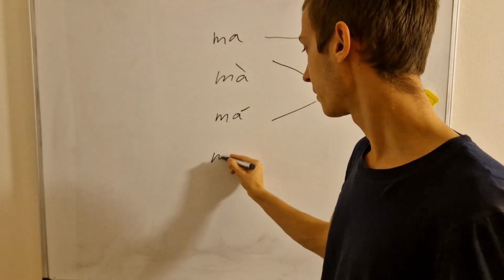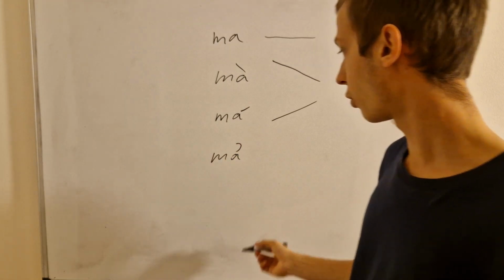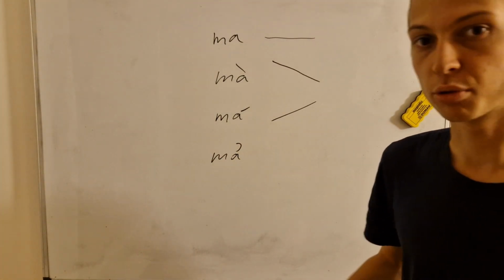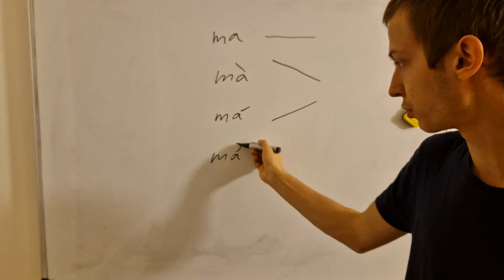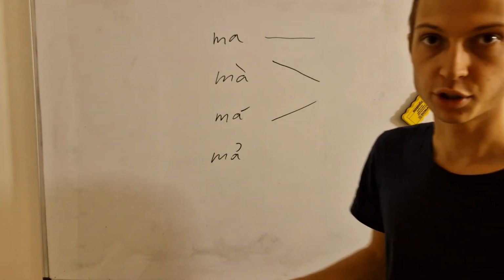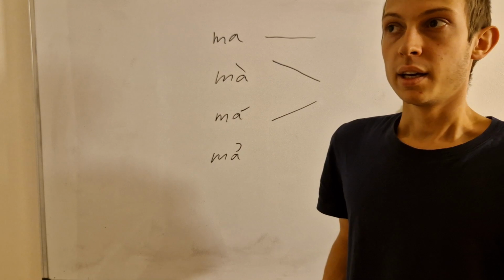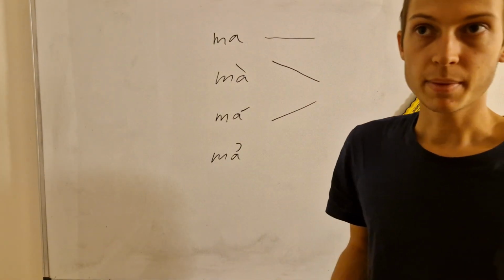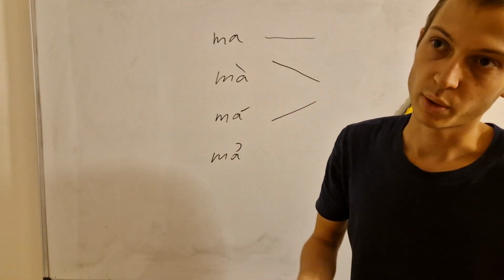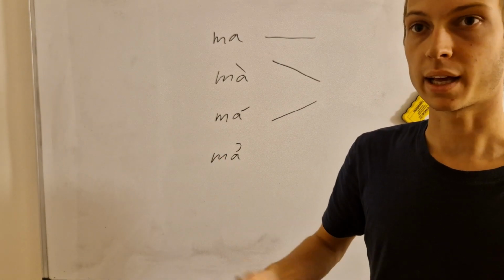Next one is not so straightforward. It can be called a question mark tone, because that's the tonal mark that's used for it, this sort of question mark. And it's similar to the falling one, but not really, because there's also a swing back up a bit. So something like ma.